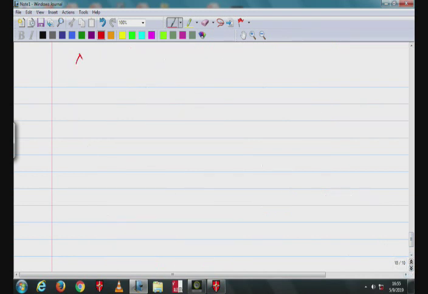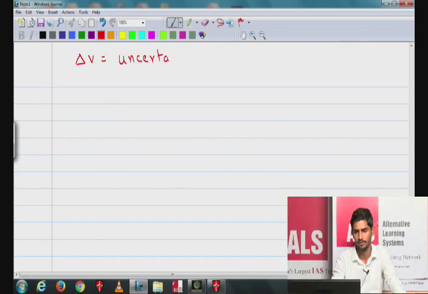What is delta V? Uncertainty in velocity.